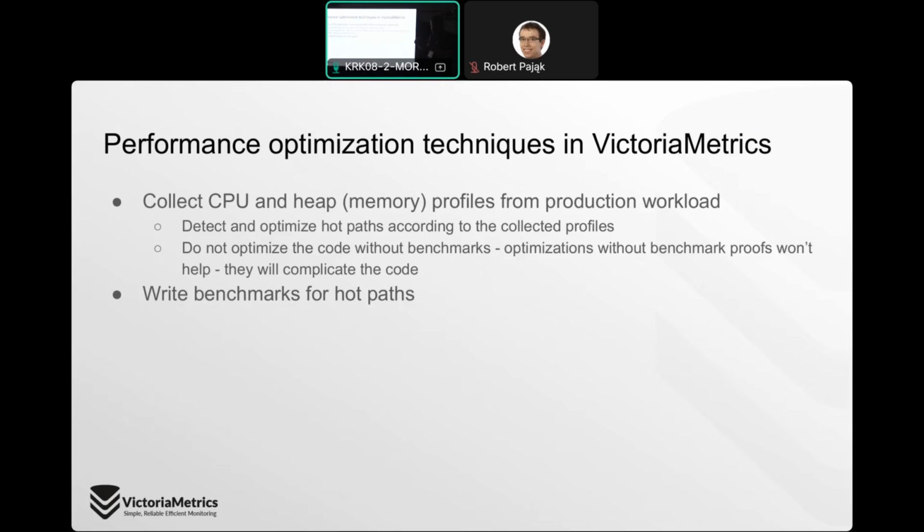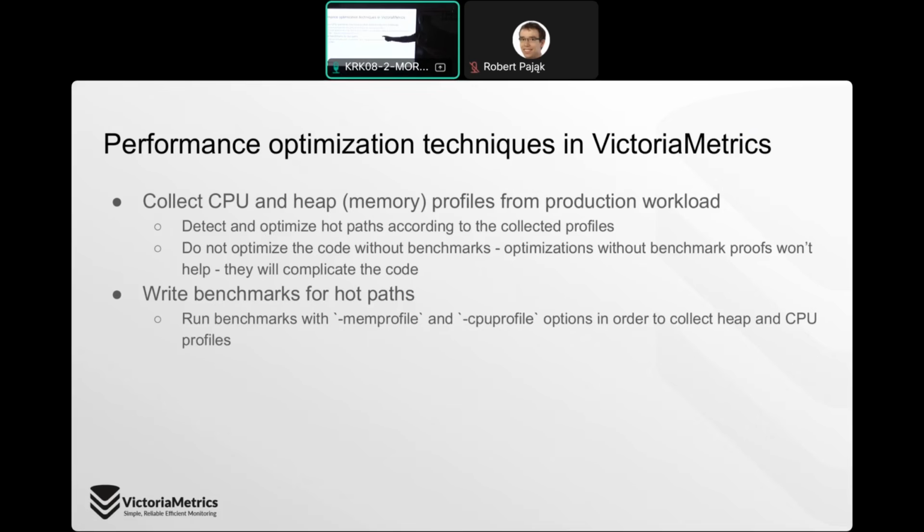Write these benchmarks, and then run them with the mem profile and CPU profile options, and collect these heap profiles and CPU profiles. This helps you optimize this hot path without rerunning your optimized code in production. This reduces your feedback loop significantly and allows you to optimize code for the hot path without running in production.